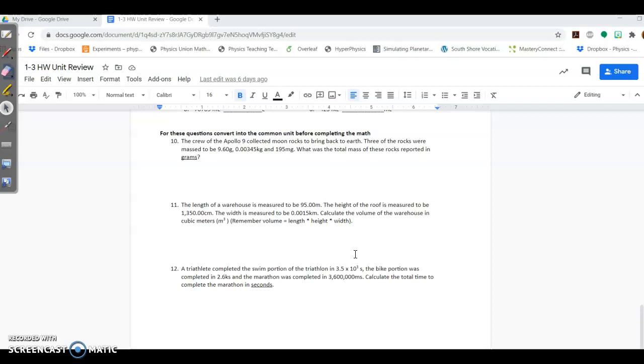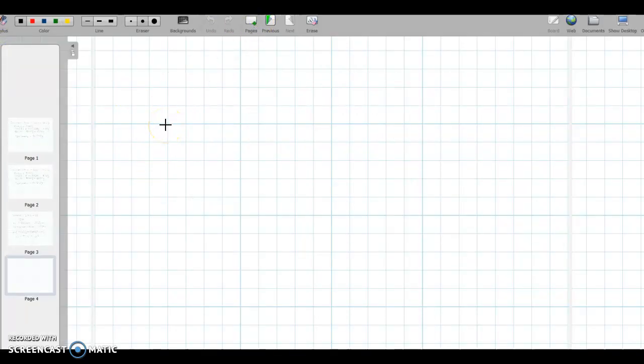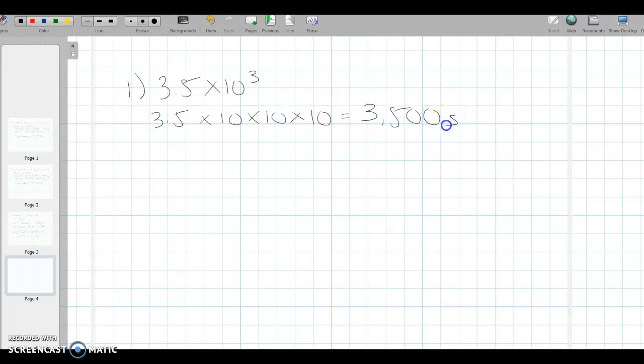All right, so I'm going to break this out in runs. Let's get a new page going. We'll call run 1 the first run that they did. The first portion, 3.5 times 10 to the third, or 3.5 times 10 times 10 times 10, equals 3,500 seconds.